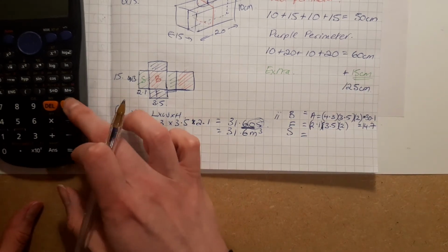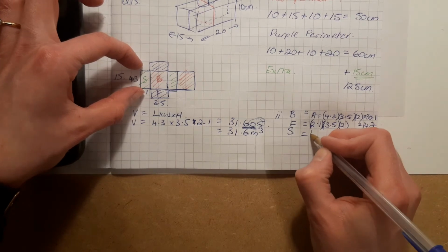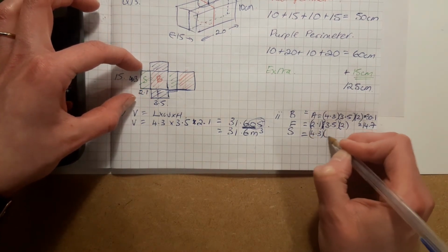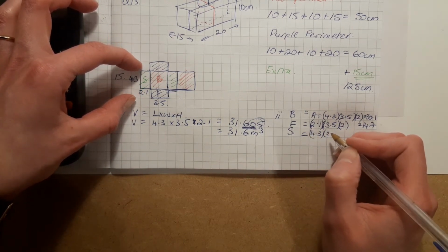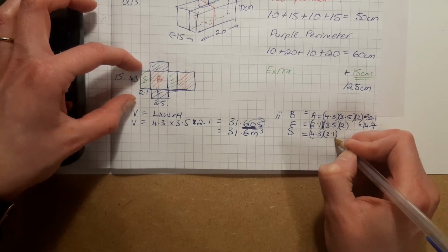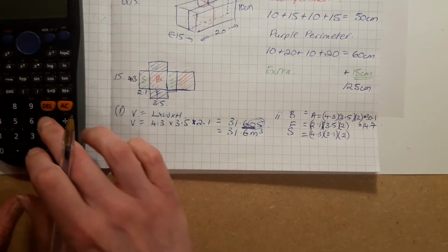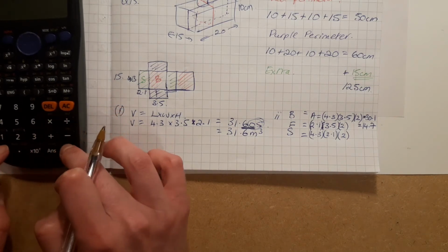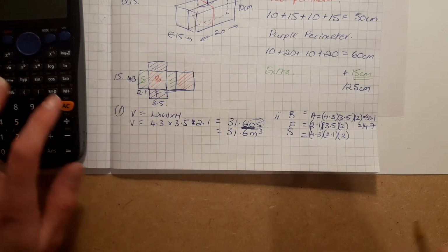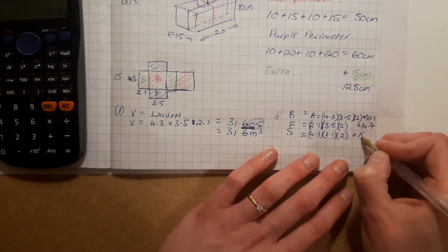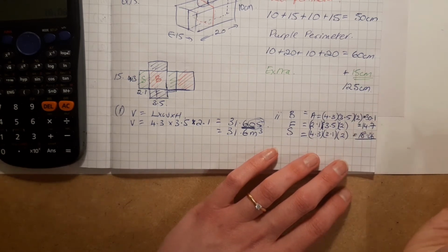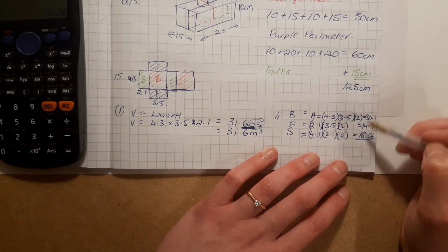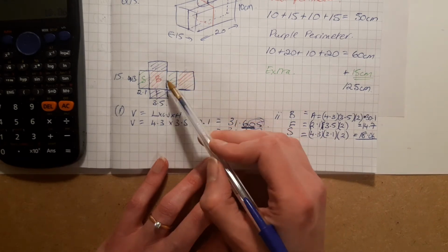And the last one, the side, is a 4.3 by 2.1 rectangle. And again, there's 2 of them. And by 2, which is 18.06. Great.